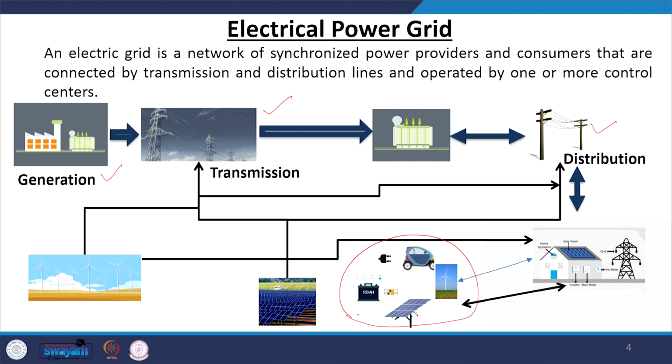However, considering the current impact of electric vehicles, they can also be used as a consumer, and at the end, distributed energy resources such as PV and batteries can also be integrated into my distribution system.